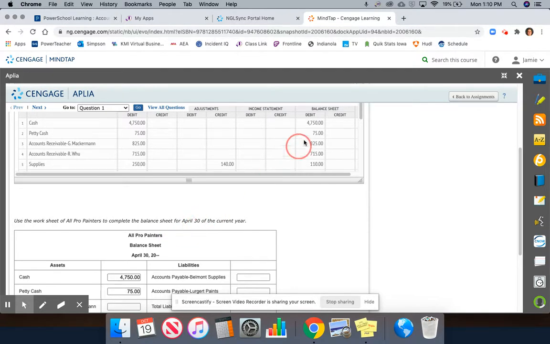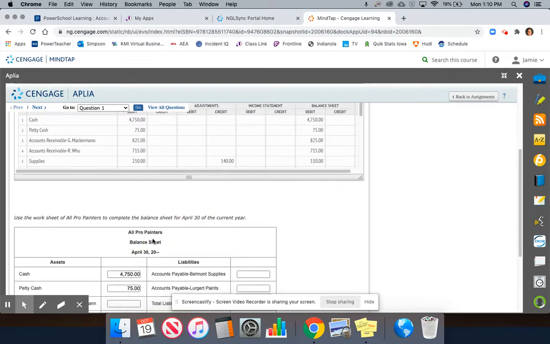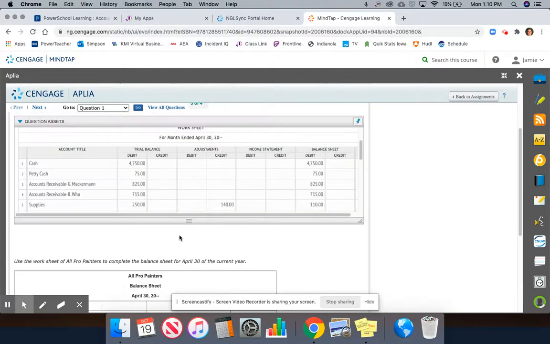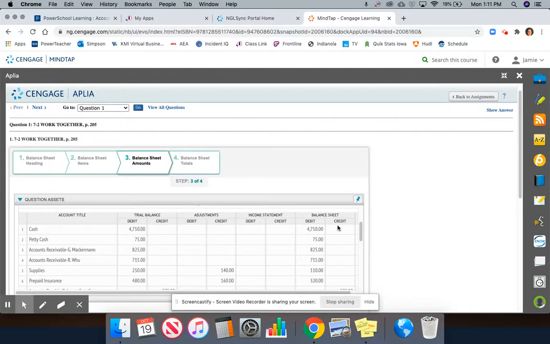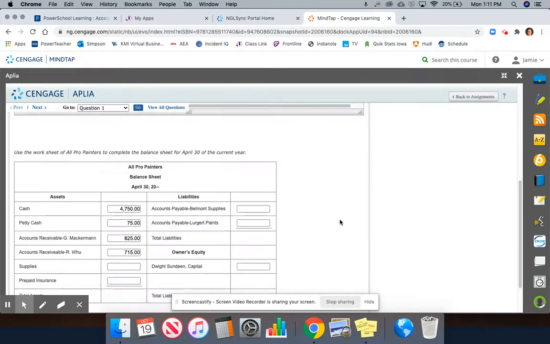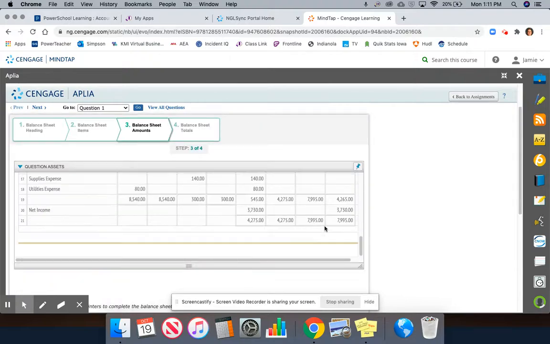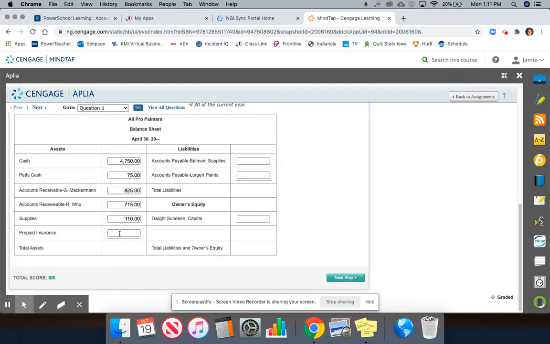These are all coming directly from our worksheet down into the balance sheet. 2 accounts receivable amounts, $825 and $715. Supplies, $110. Prepaid insurance, $320.